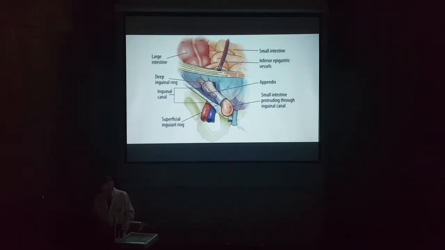This is what we don't like. This is a narrow space. What we don't like even more is that the appendix is also in the canal. Appendix is a nasty organ, gets inflamed easily. So we need to take a CT scan and see what is inside this sac.